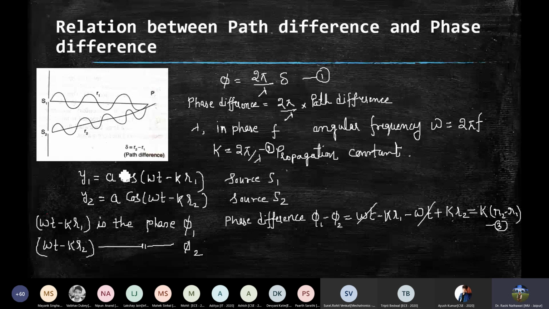And we have calculated the phase difference, which you can say is delta phi. In some textbooks you will find it as delta phi or delta x. The notation is different, but the meaning is the same.